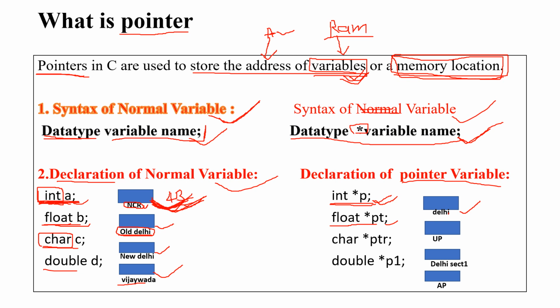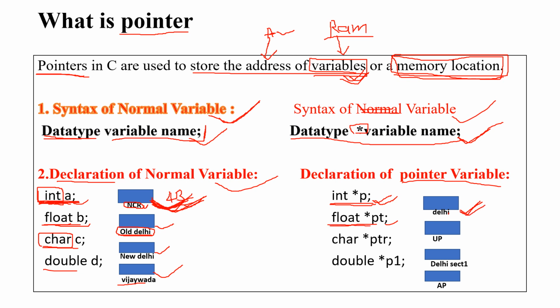The remaining variables store values, but the pointer is the single variable that stores the address, right? And that address is also stored somewhere, na? So for that reason the pointer is also allocating memory, right?